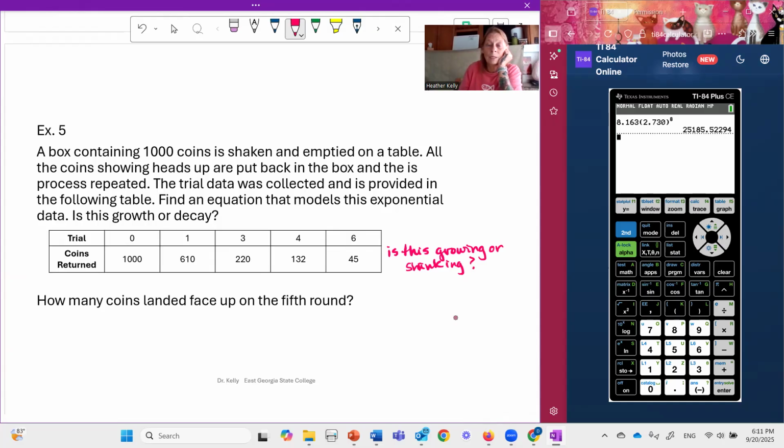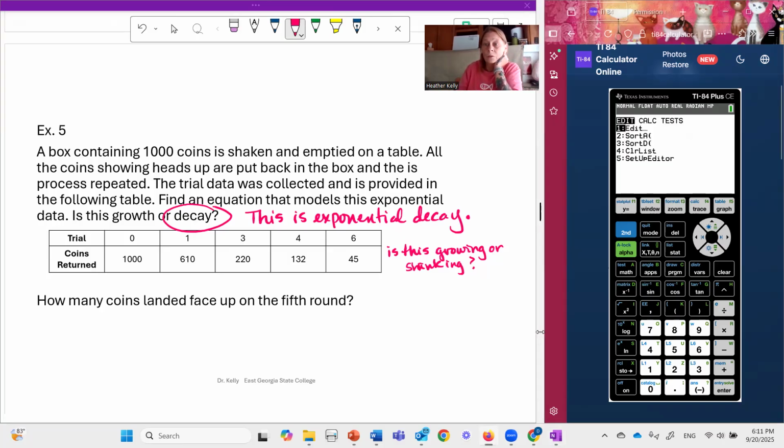Is this growing or shrinking? It is shrinking, right? Started out 1,000, ended up at 45. So this is decay. This is exponential decay.